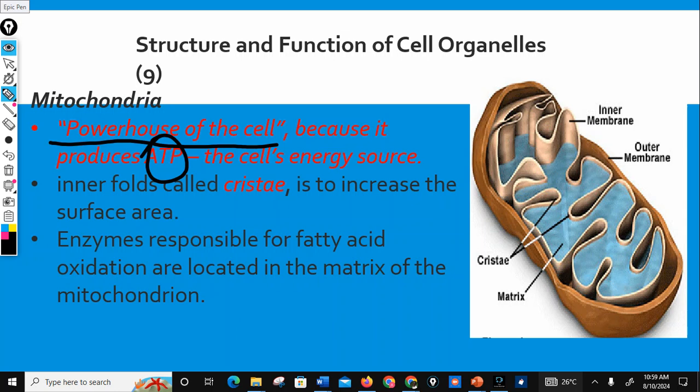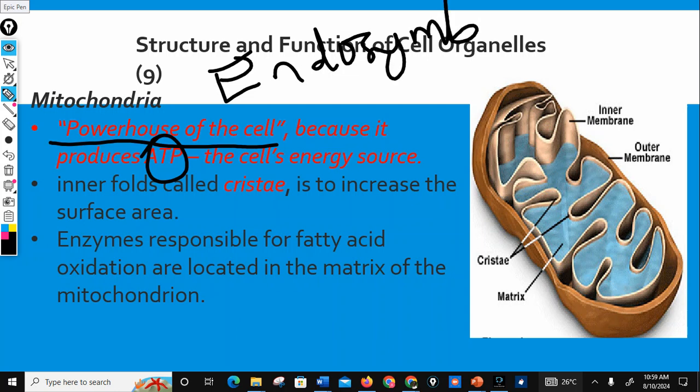This mitochondria is a very big guy, and I say that because there is a theory known as the endosymbiotic theory. You can browse about that.